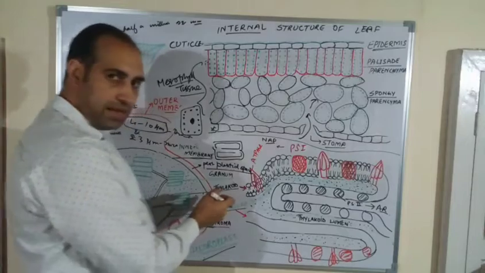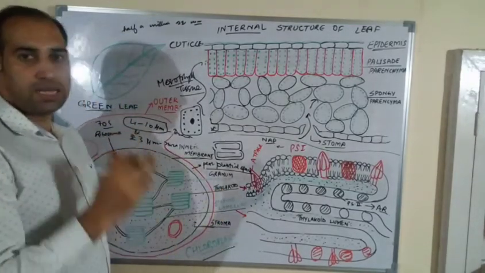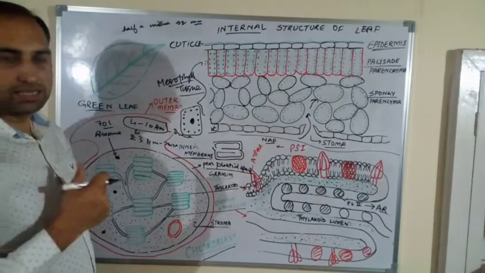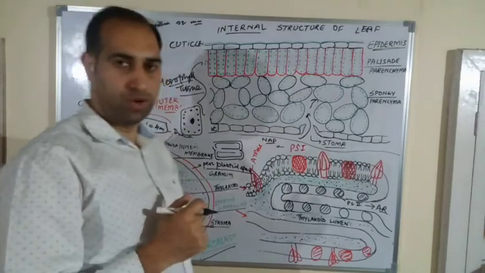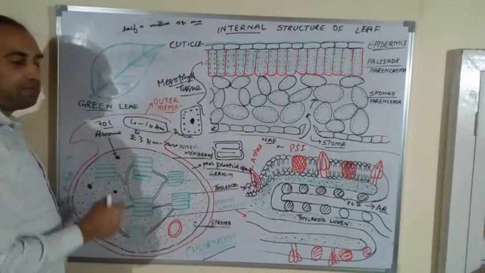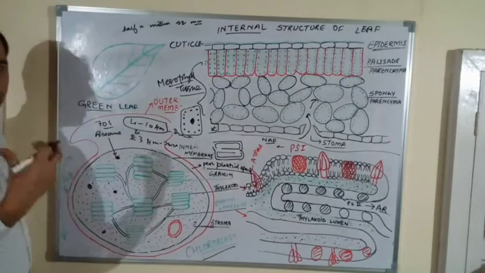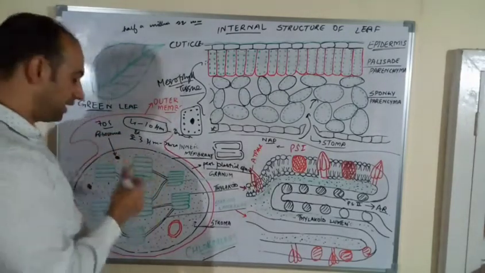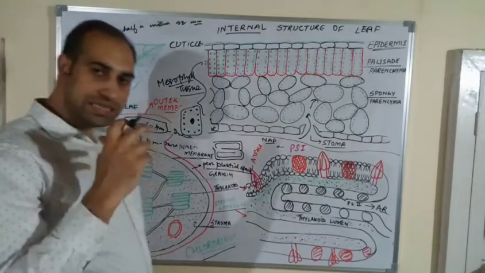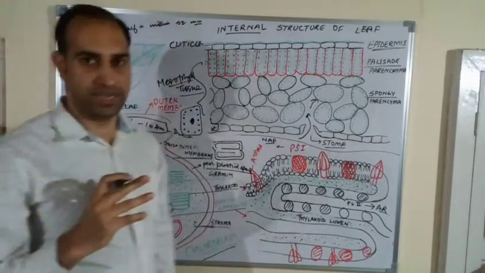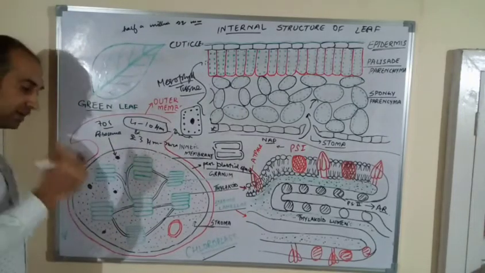The inner membrane bounds the thick hyaline granular or proteinaceous matrix, or liquid matrix, that is known as your stroma. You should note that the stroma is the site where the dark reaction takes place.